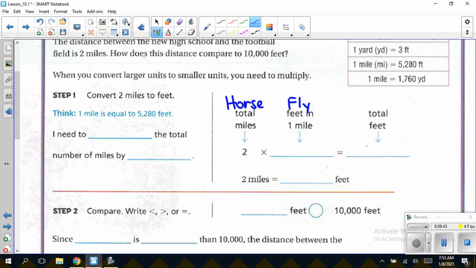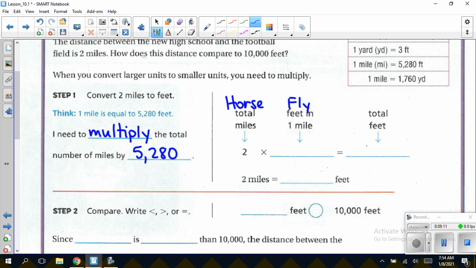So that's why they have that multiplication symbol. And when I need to convert the 2 miles into feet, I will need to multiply the total number of miles by, and if you look at the table off to the right, 1 mile equals 5,280 feet.